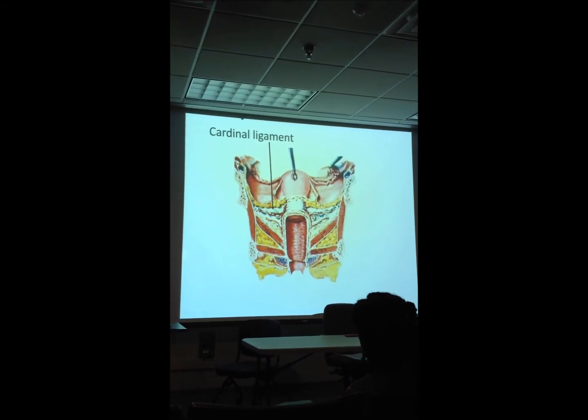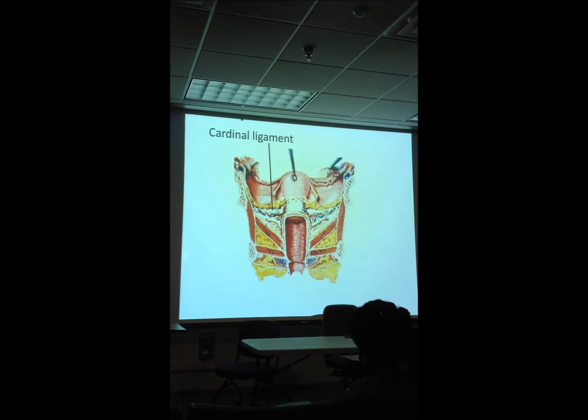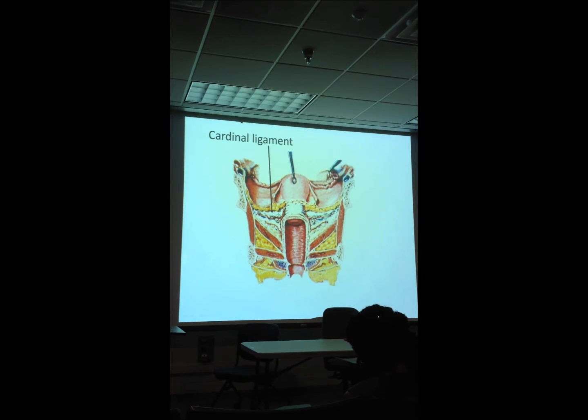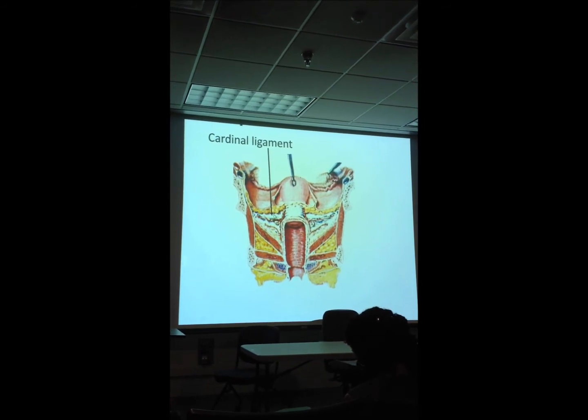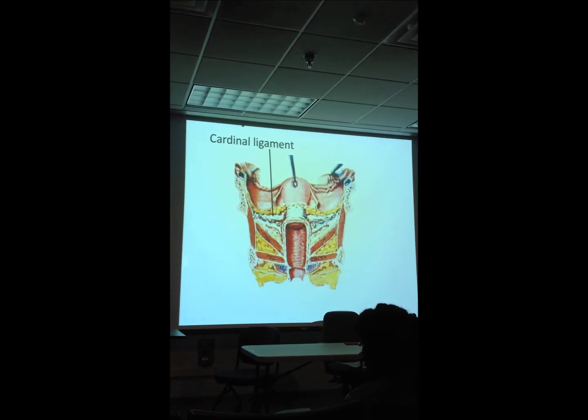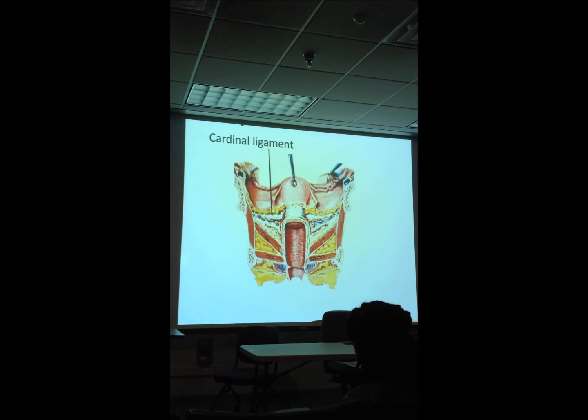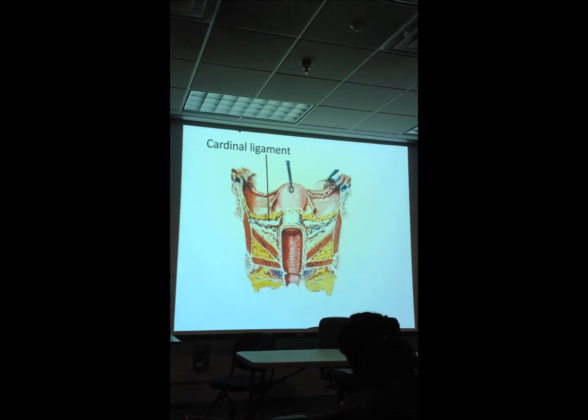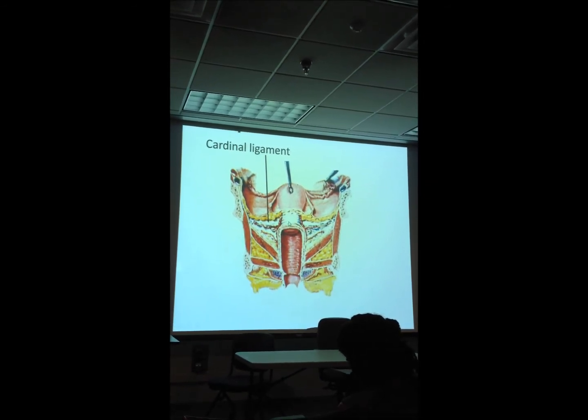Next thing is the cardinal ligament. The cardinal ligament is going to be a major factor in holding the uterus in place. And what does it attach? What it's going to attach is the pelvic wall over here, which is bony and pretty stable, to the uterus, which you want to make stable.